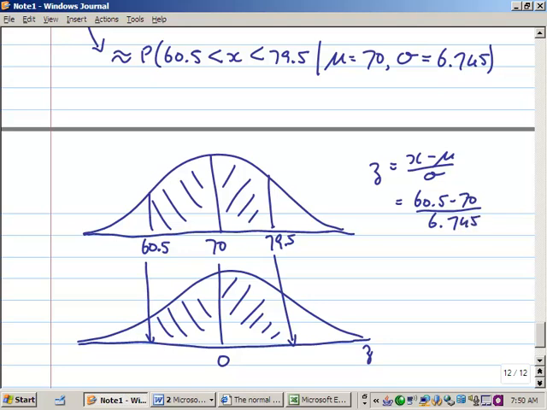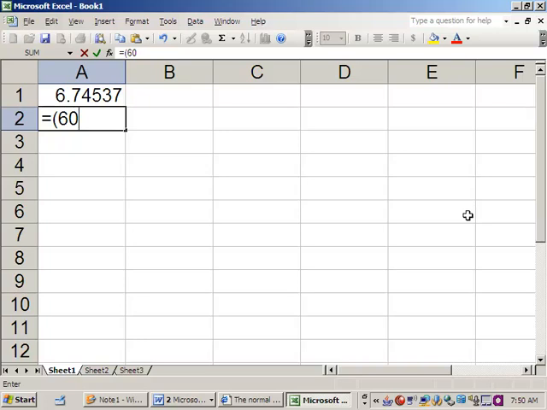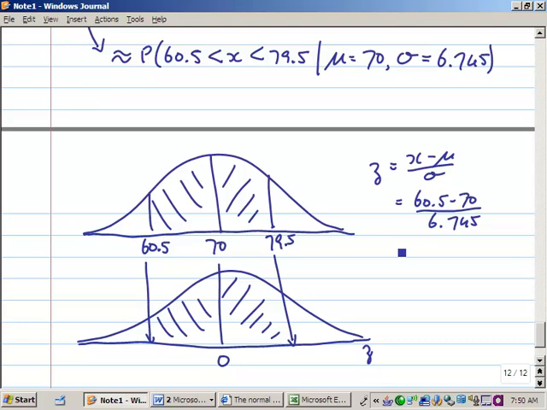It'll be a number just greater than 1 in size, but negative. So 60.5 minus the mean of 70 divided by standard deviation is minus 1.41 for the lower limit on the z.